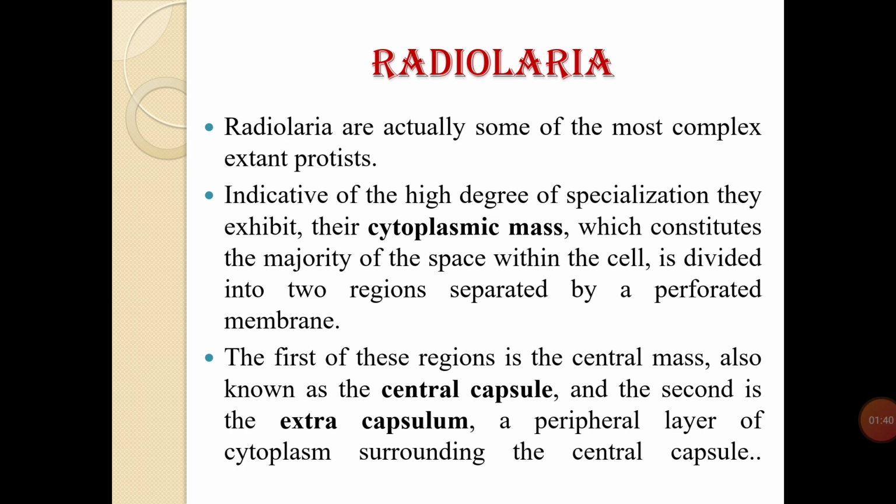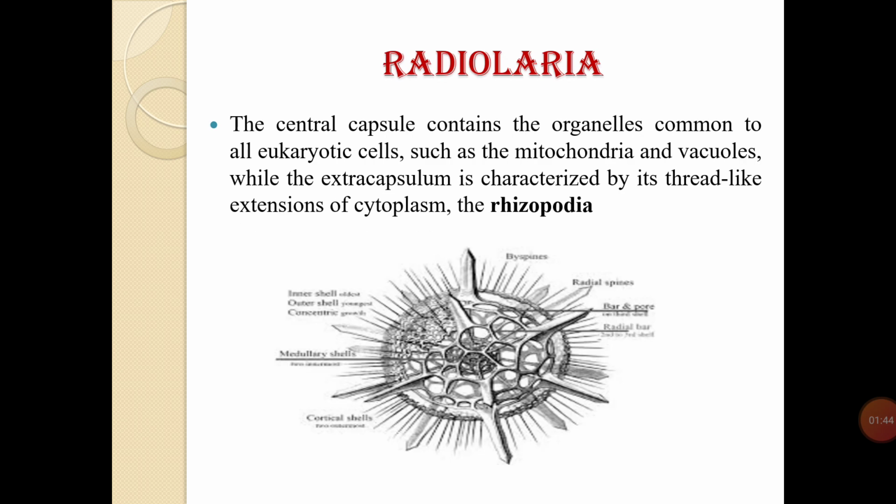This is a peripheral layer of cytoplasm surrounding the central capsule. The central capsule contains the organelles common to all eukaryotic cells, such as the mitochondria and vacuoles. While the extracapsule is characterized by its thread-like extensions of cytoplasm, the rhizopodia.